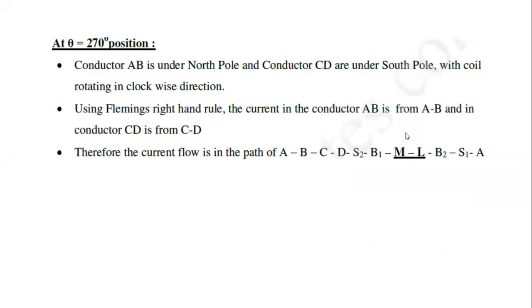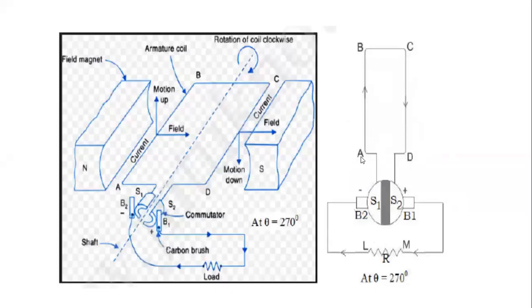When we observe the second position, that is A, B, C, D, B1, M, L. Therefore the current flowing through this R load is in the same direction for both cases. At this position the AB conductor is on the north pole side and the CD conductor is on the south pole side, and the commutator segment position is also changed.